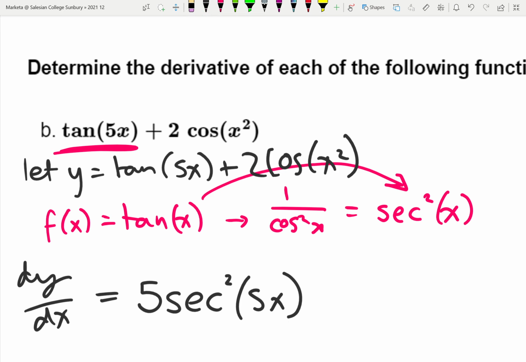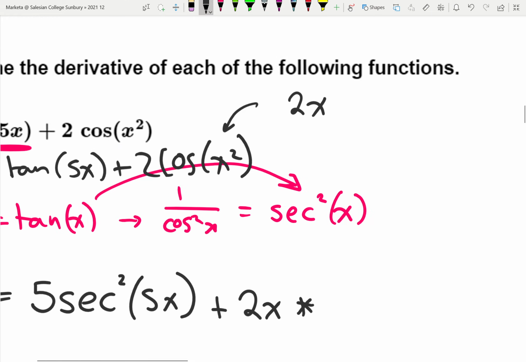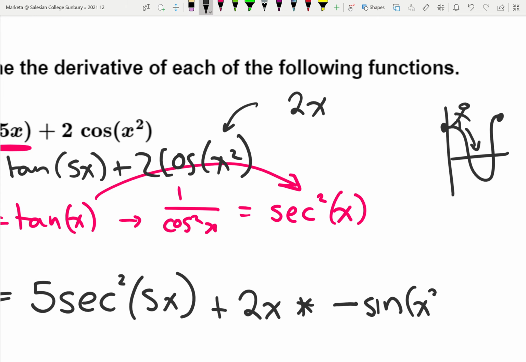Now, the next bit, so the derivative of x squared is 2x. So we're going to say plus 2x times the derivative of cos x squared, or cos. The derivative of cos is negative sine. So remember, if you have this cos graph, the first thing you do is walk down the hill, so it's negative. So negative sine of x squared.